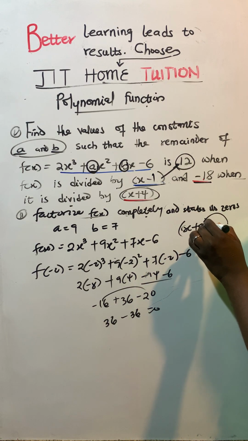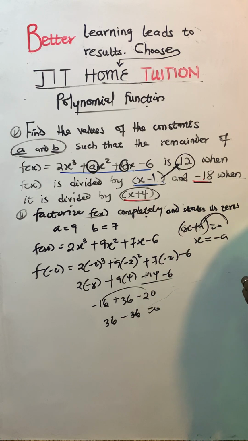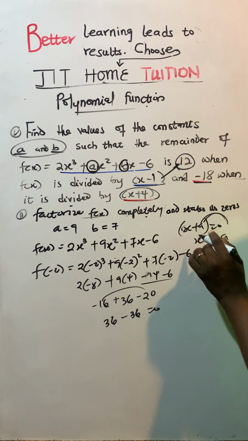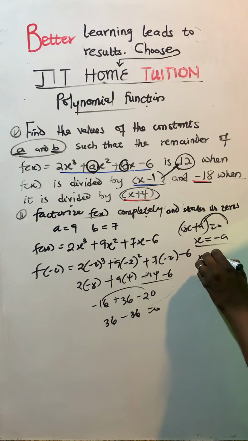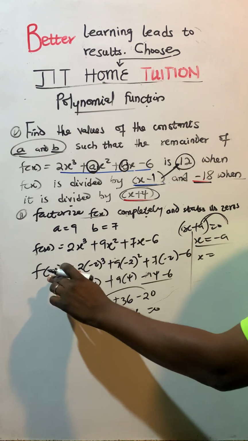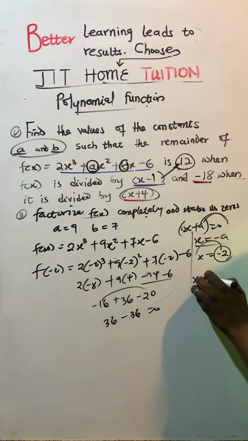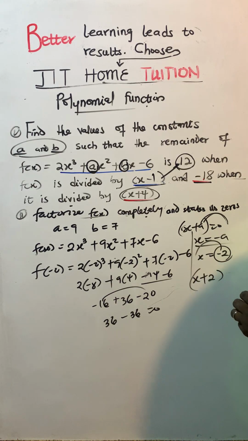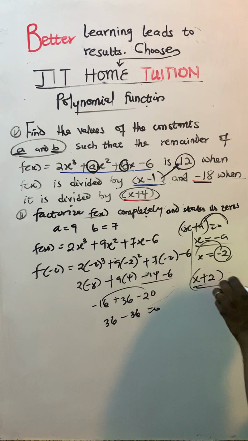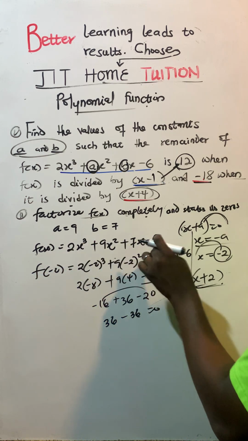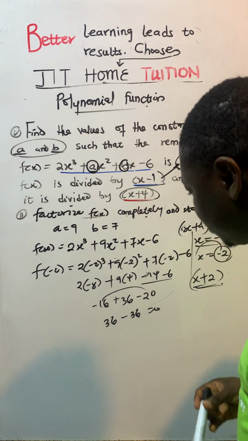You have x, then this one will move, giving you a. So the understanding from this is that if x is equal to negative 2, to bring it back, it will become x plus 2, and this is the factor. This is the factor that you're going to use to divide this function.